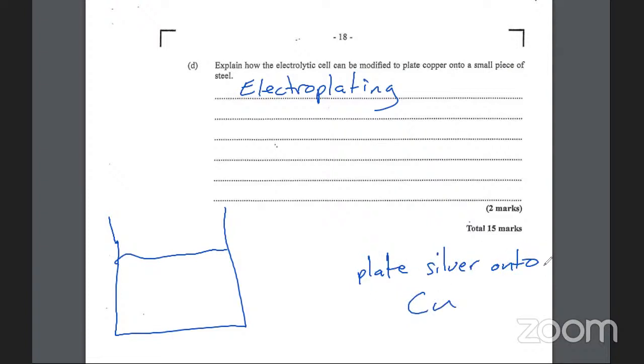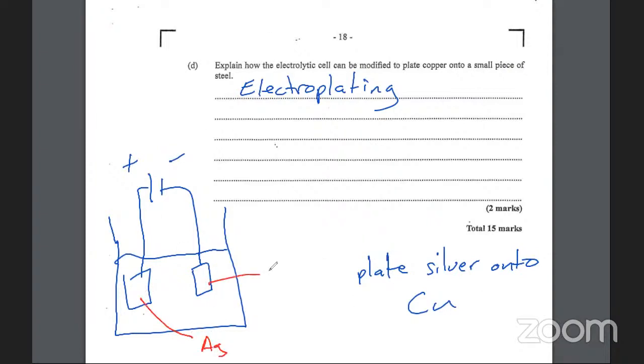If I want to plate silver onto copper, my anode is going to be silver metal, and my cathode is going to be copper. And my electrolyte is going to be a solution with silver ions, for example, silver nitrate solution.